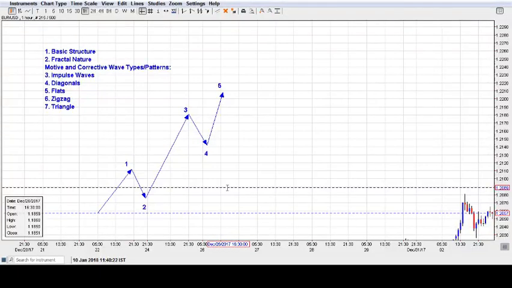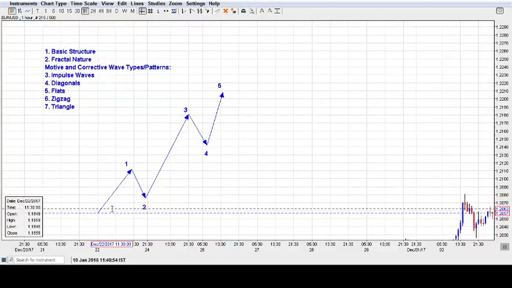You already know the main property of a corrective wave is to counter the motive waves, and they normally unfold into three subwaves labeled as A, B, and C. In some cases, especially the triangles, they unfold into five waves, but the subwaves are again three.